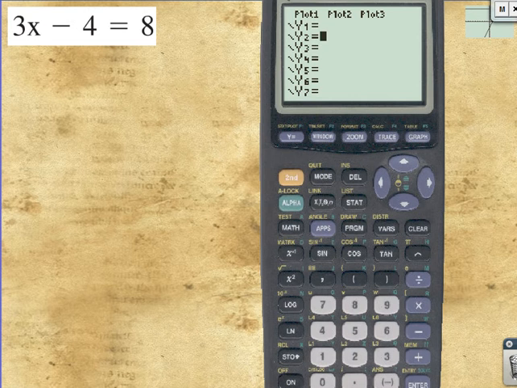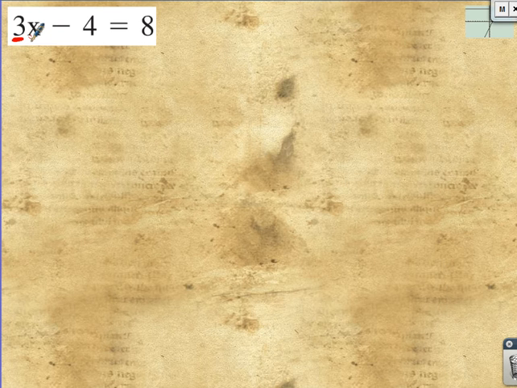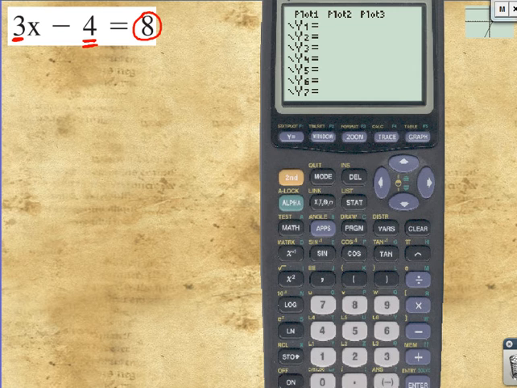We're about to graph them again. Those are lines, okay? This 3x minus 4 is a line that has a, what? What's the 3 represent? Slope. And a negative 4, thank you, y-intercept. Slope-intercept form. This is a line with a slope of 3, y-intercept of negative 4. How do you graph 8? Does anybody know what that line looks like?